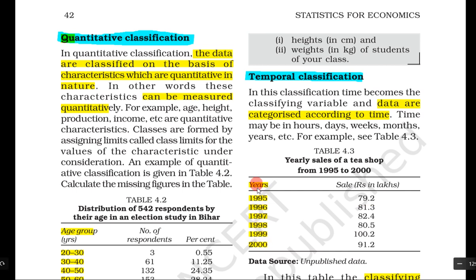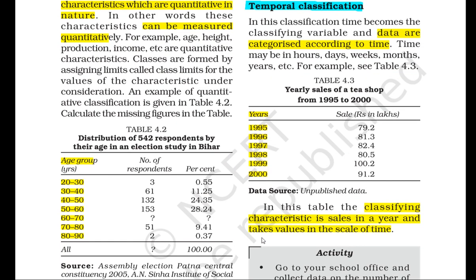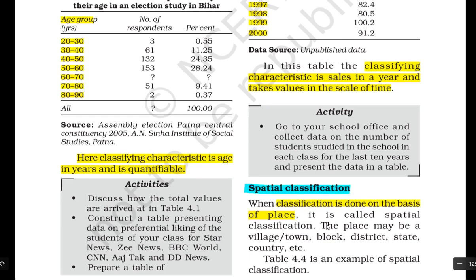When classes show the time, it is temporal classification. The classification characteristic is in cells, and a year takes a value on the scale of time. That's why it is temporal. Temporal means based on time.